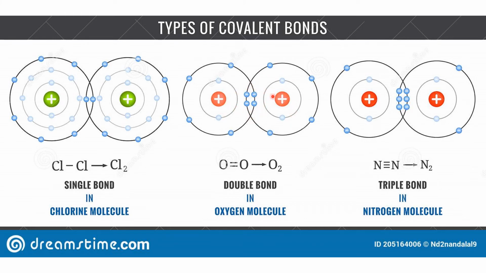They will share 4 electrons in order to fill their outer shells. So if you have 1, 2, 3, 4, 5, 6, 7, 8, in order to fill the outer shell and make it 8, they have to share more. For nitrogen, on this one on the end, we have them sharing 6 electrons. So this is a triple bond. So we've got single bond, double bond, triple bond.